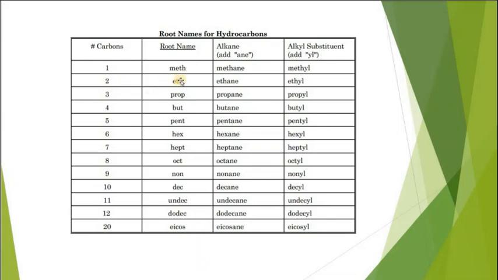When there are two carbon atoms, it is called eth, and when it is a full alkane, it is called ethane. But when it is an alkyl group, an alkyl substituent, it is called ethyl. Similarly, three carbon compounds, that is prop, would become propane if it is a full alkane, and if it is attached with something else as a substituent, it would be propyl. Similarly, butyl, pentyl, hexyl, heptyl, octyl, nonyl, decyl groups can be there.